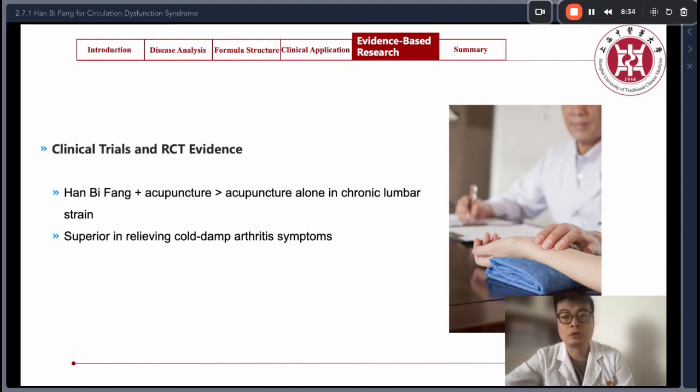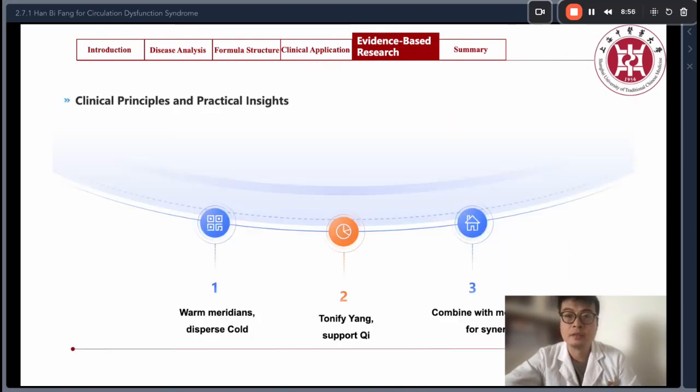What's more, patients using the formula reported better cold tolerance and fewer flare-ups during seasonal changes. So the formula doesn't just treat symptoms, it can actually change the disease trajectory when used early and consistently.